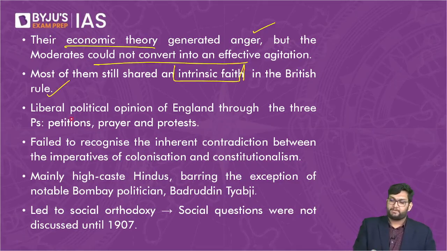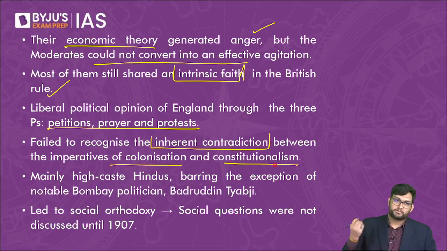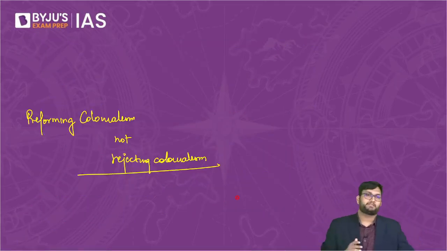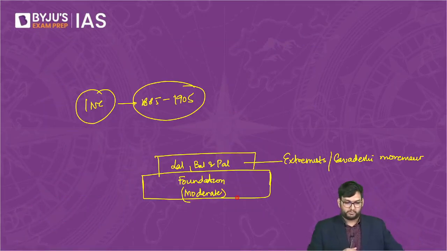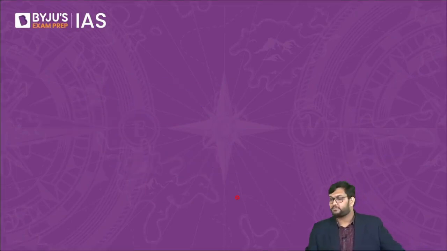Therefore, prayer, petition, and protest was their way of doing it. Failed to recognize the inherent contradiction between colonization and constitutionalism, that basically constitutional reform will do nothing, colonialism will always win. And high caste Hindu character, except for Badruddin Tyabji, also was not helping. Simple point is, the INC was not ready to become extremist, and even India was not ready to have an extremist outlook. Are we clear with regards to moderate politics?